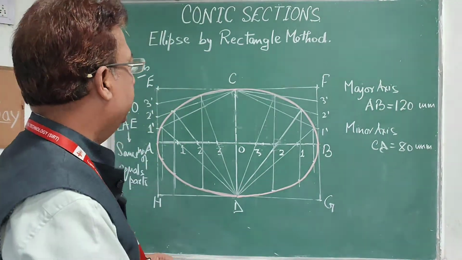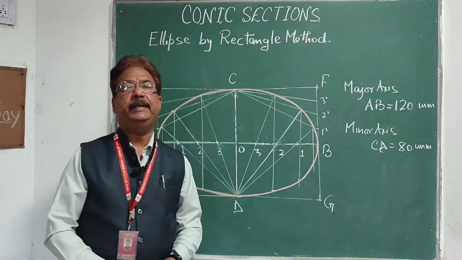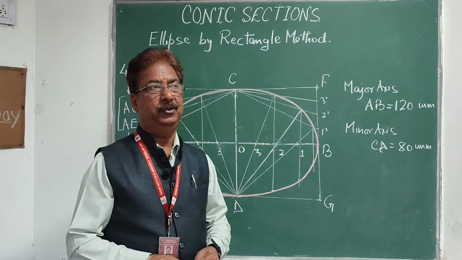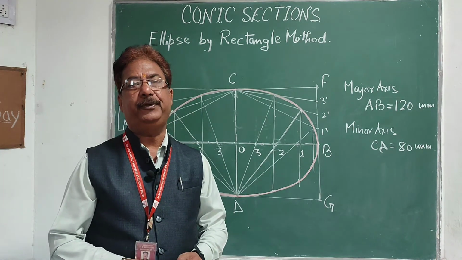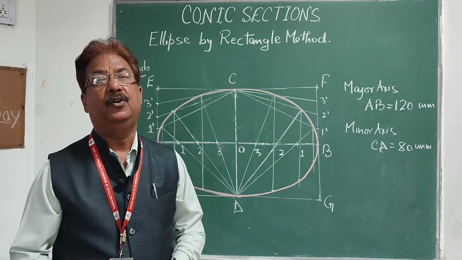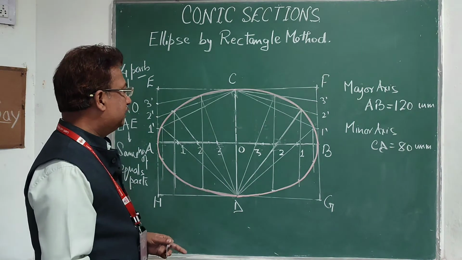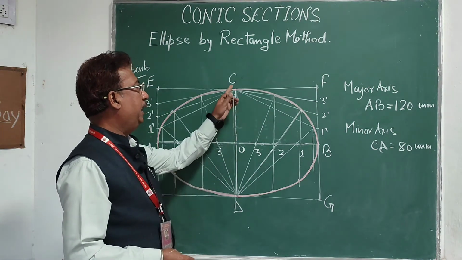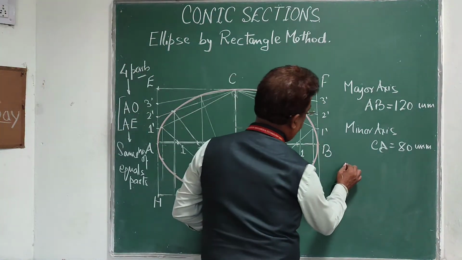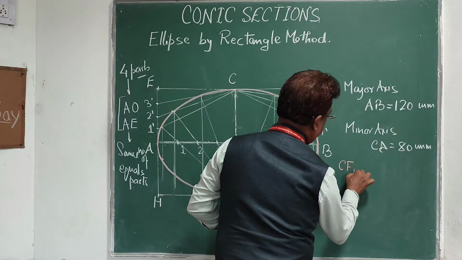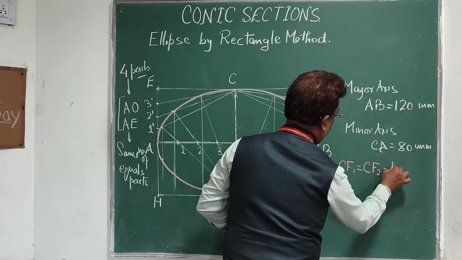Now suppose again if there is a question that we have to draw a tangent and normal on this curve, then as you know, for drawing the tangent and normal we initially have to find out the focus of the ellipse. And as you know the distance of the focus from the end of the minor axis will be equal to half AB, or you can say that the equation we used earlier, CF1 equals CF2 equals half AB.